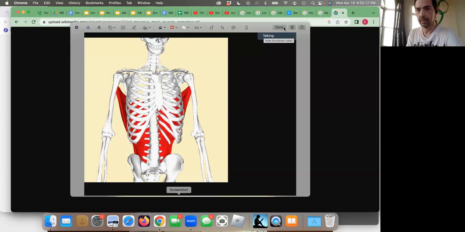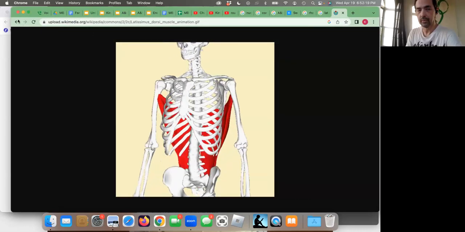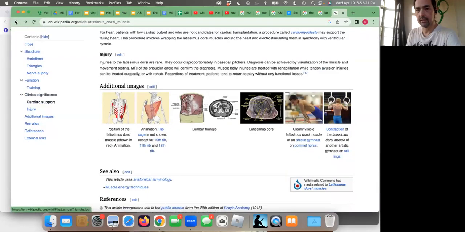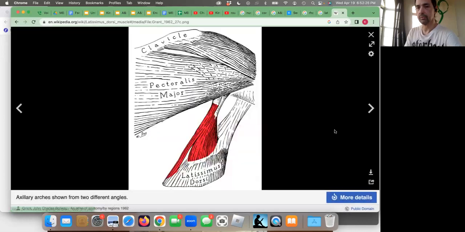And then if we look at some of the latissimus dorsi, here's one from Gray's Anatomy, which is seriously like the most abstract stuff you can ever deal with. What they're showing is this is the arm bone right here, and it's elevated, like the arm is out in a T shape.